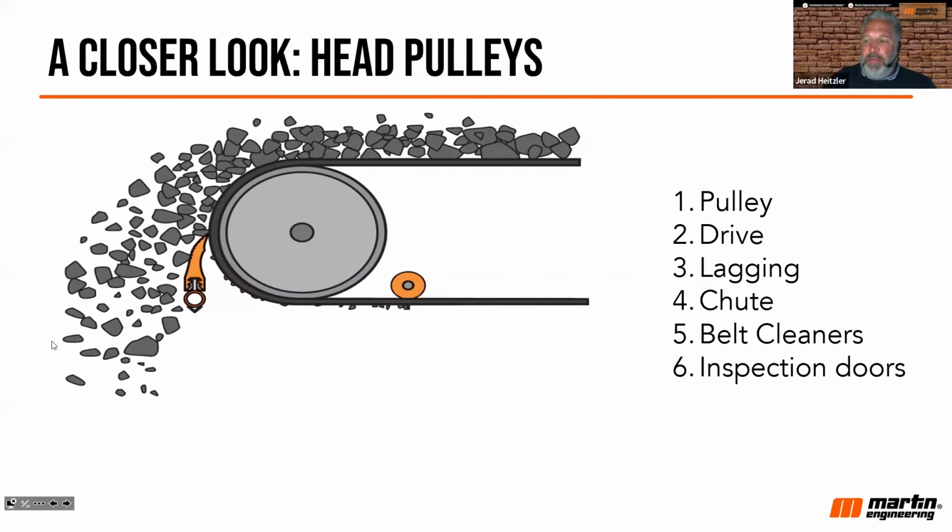Now, those doors should be large enough, like this example, where a worker can access components, but before they access those components, you want to make sure that they tag out that conveyor belt. So inspection doors, access doors, some terminology there that you might run into if you're going to access those components. Got to make sure that those are locked out and tagged out.